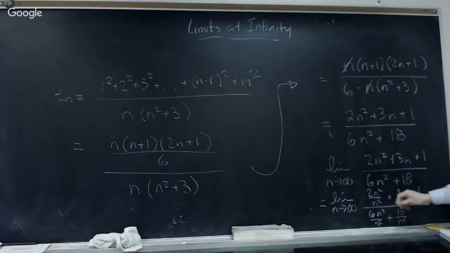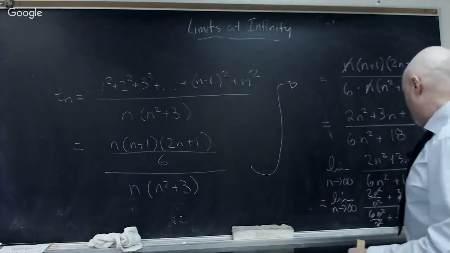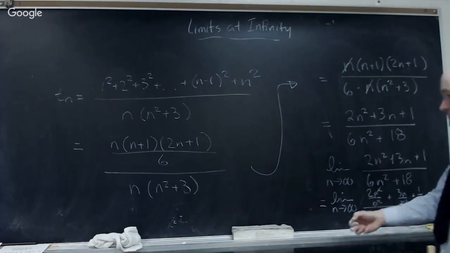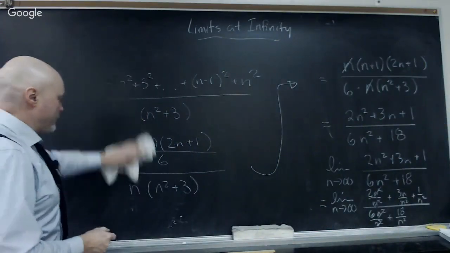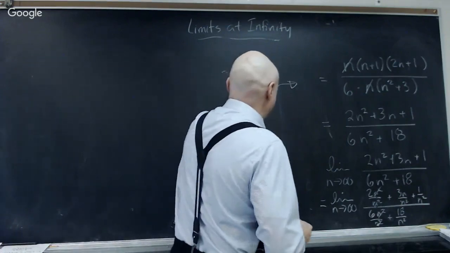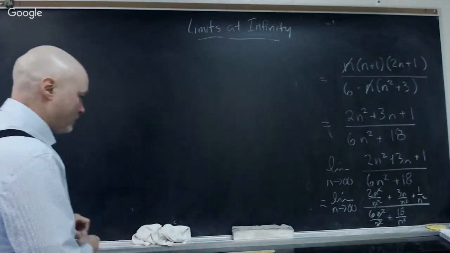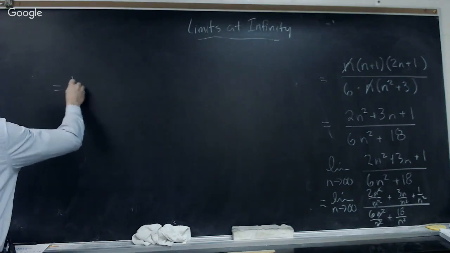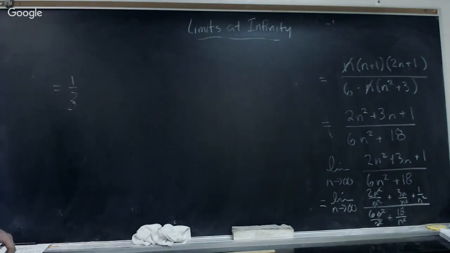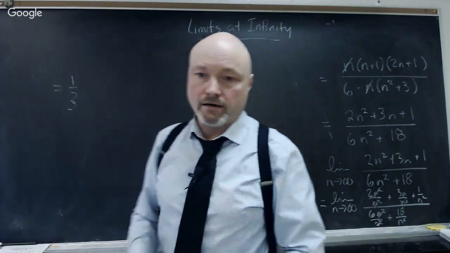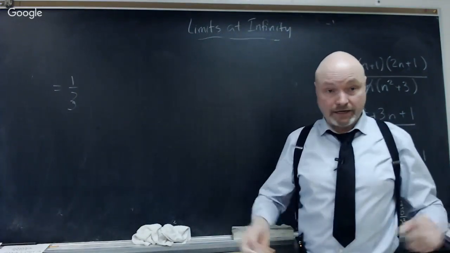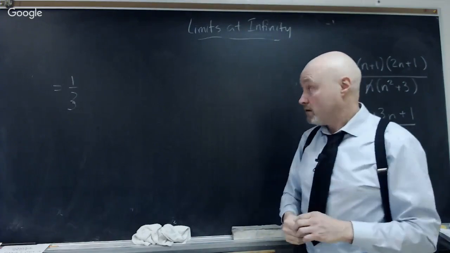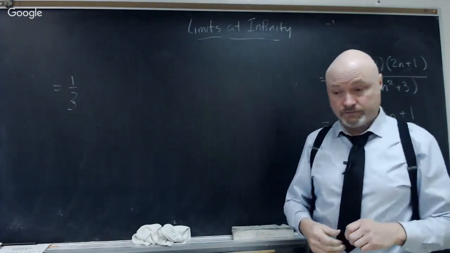As I apply my limit in here, these n squareds are going to cancel out. These terms are going to turn into 0, and when I throw my limit in there, it's going to be 1/3. And so that is headed for 1/3. All right, so there was a little bit of a leap in there, and that leap involved going out and finding the formula for the sum of the first n squared terms.